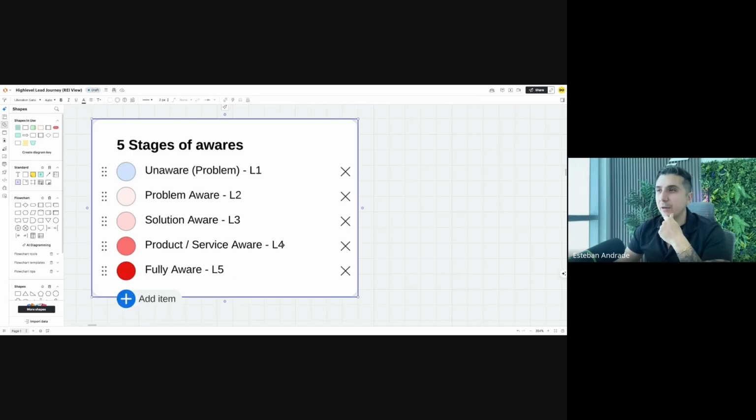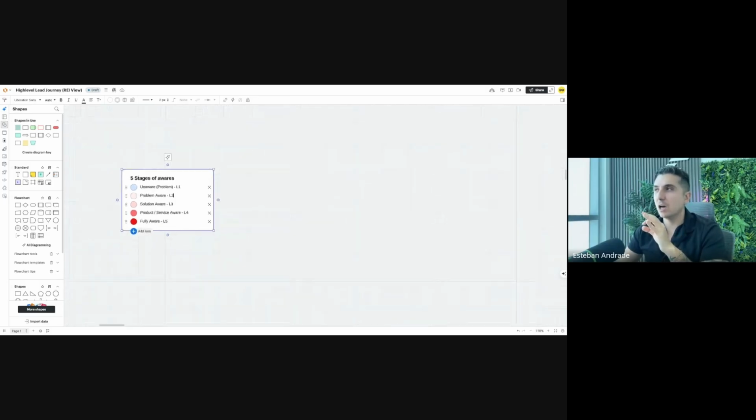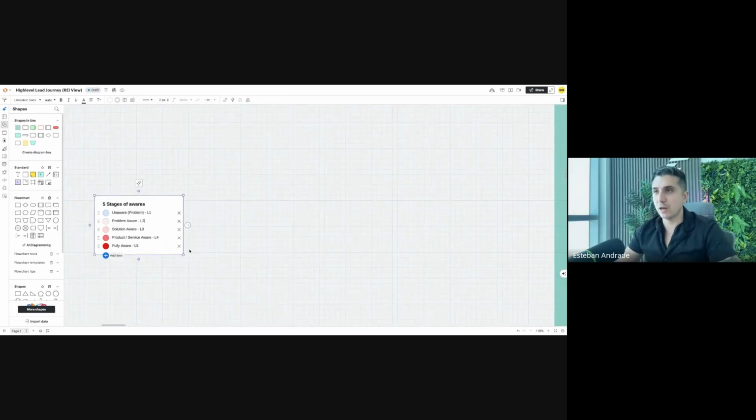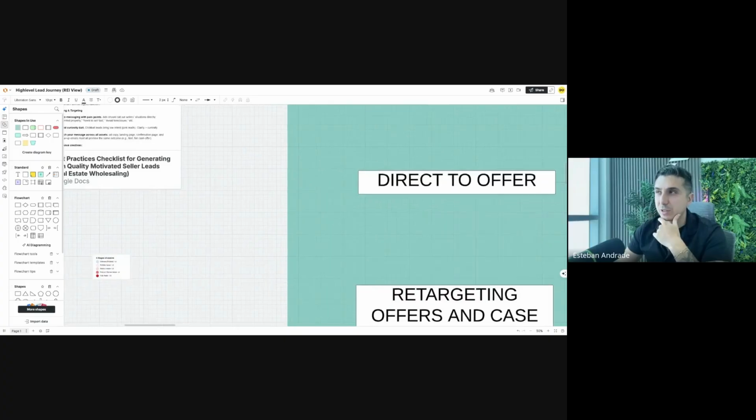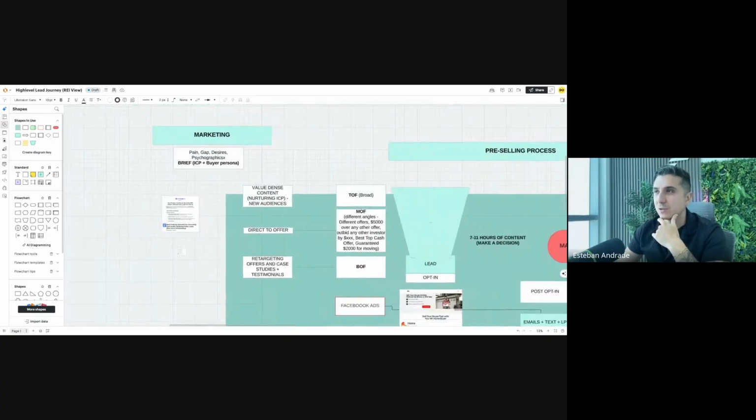Whenever you're marketing, you guys want to focus on level 3 to level 4, but you could still accept people at level 2. It will just require a little bit more nurturing, right? So whenever you're marketing, know that there's levels of awareness of individuals, people that want to buy your product, or in this case, that want to sell their house.